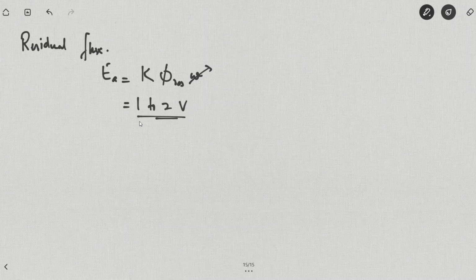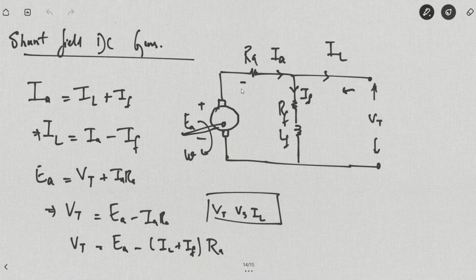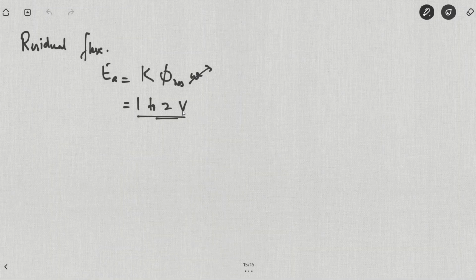Fine. Once this voltage is available to us, this voltage will cause current to flow through the field windings. This voltage is available only because of the presence of some residual magnetism left over in the machine from some previous operation, and it will be sufficient to induce IF, that is, current to flow through the field windings.